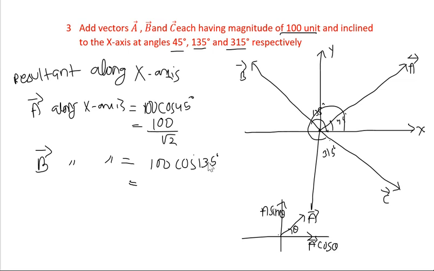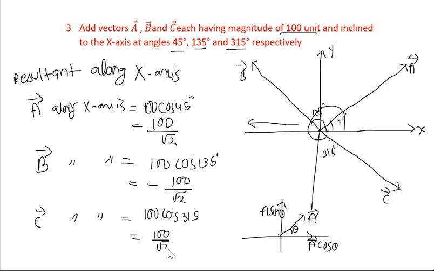As we know, cos 135 is minus 1 by root 2. So it becomes minus 100 divided by root 2. This minus indicates that cos 135 degree is in the negative x direction, that means in this direction. Now the c vector along the x-axis is similarly 100 cos 315 degree, which is 100 by root 2.